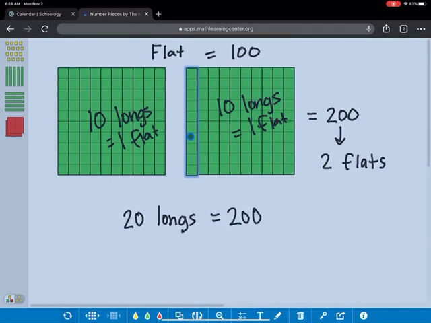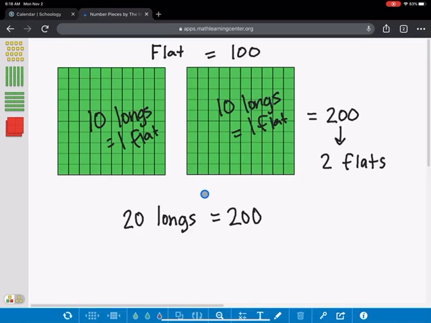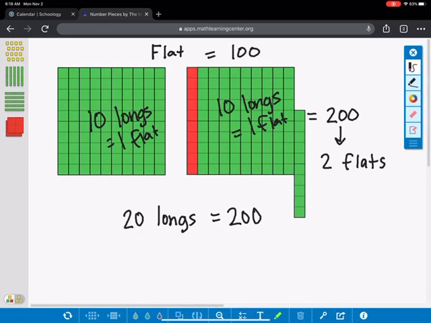Okay? And that shows us that a long is 1/10 of a flat. Okay, so a long is 1/10 of the flat, because I need 10 of these to make 1 flat. And I now know that I need 20 to make 2 flats.